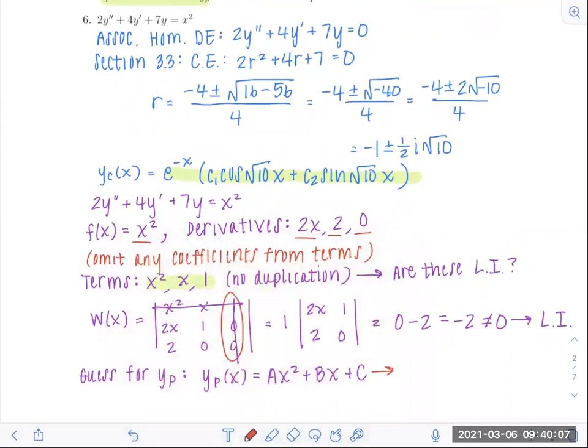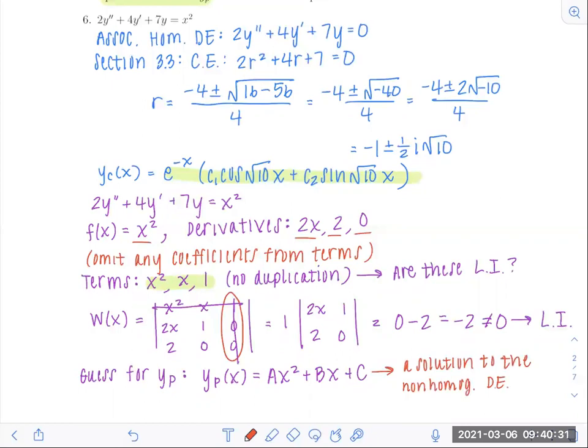We are assuming that this is a solution to the non-homogeneous differential equation. That's the definition of the particular solution. So if it's a solution to the non-homogeneous DE, that means that I should be able to plug it in and it should satisfy the DE.